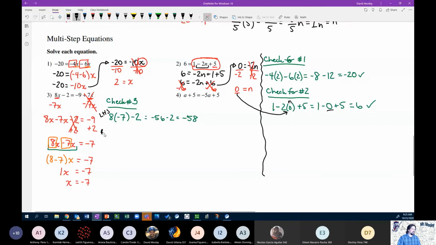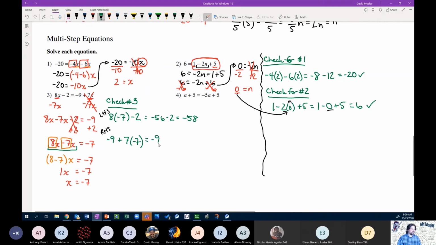Now I need to check the right-hand side. So I go negative 9 plus 7 times negative 7. Sorry. It's horribly written. There. All right. So again, I do my multiplication first.